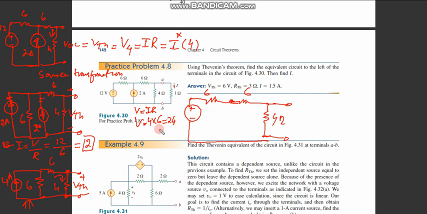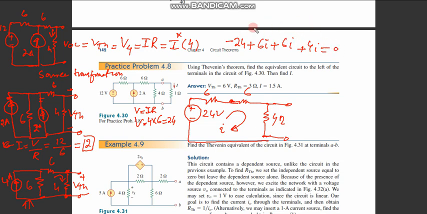So the value is 24 volts. Now if I apply mesh over here, going from minus to positive, this will be minus 24, then a drop of 6i, then plus 6i, and then plus 4i equal to 0.